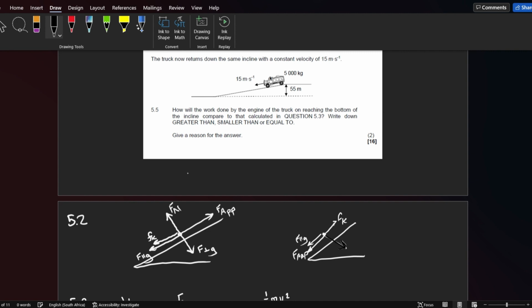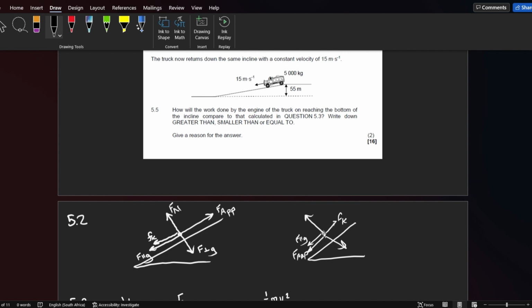And obviously we have our perpendicular component of gravity and our normal force, which we don't have to worry about because those are acting perpendicular to the direction of motion, meaning they do not do any work. So in the first scenario, the applied force had to overcome the frictional force as well as the gravitational force. However, in this scenario, the applied force coupled with the parallel component of the gravitational force only has to overcome the frictional force.